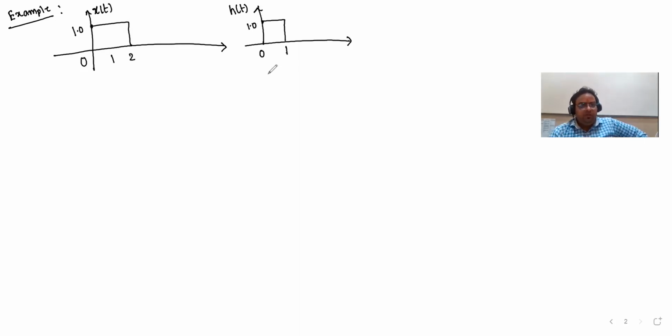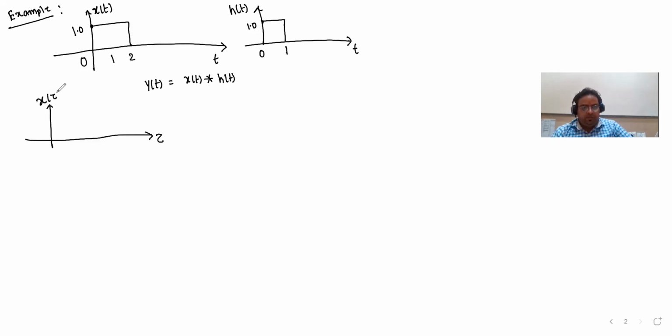Okay. Now we have to find out, basically, this is an LTI system again, and we have to find out y of t, that is nothing but our x of t convolving with h of t. Okay. Now we'll perform the steps. The first thing that we do is that we change the independent variable time with a dummy variable tau.